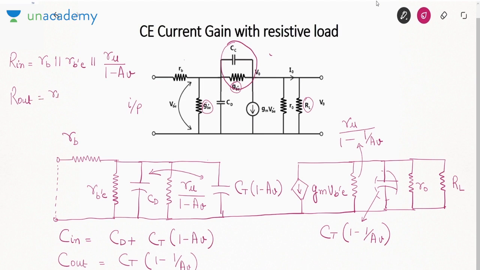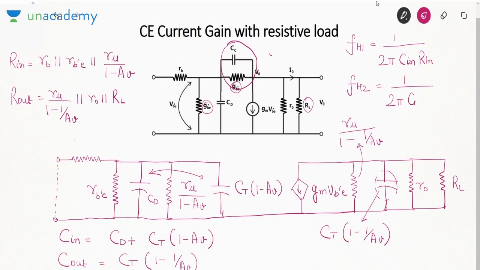It is R mu over 1 minus 1 by AV parallel R0 parallel RL. So these are the input and the output resistance. Is my point clear? Now you can find two cutoff frequencies. One due to the input capacitance, 1 by 2 pi Cin Rin. The other due to the output capacitance, 1 by 2 pi Cout Rout.